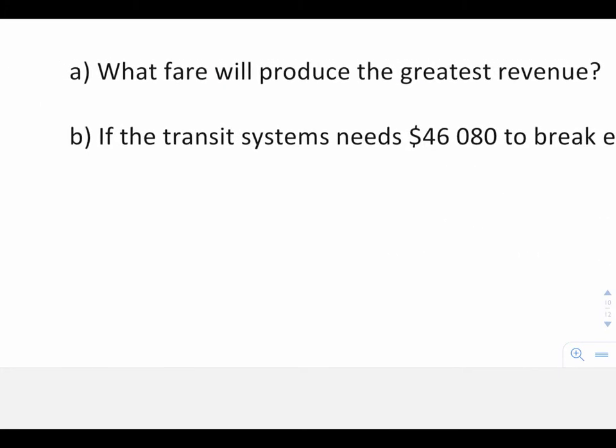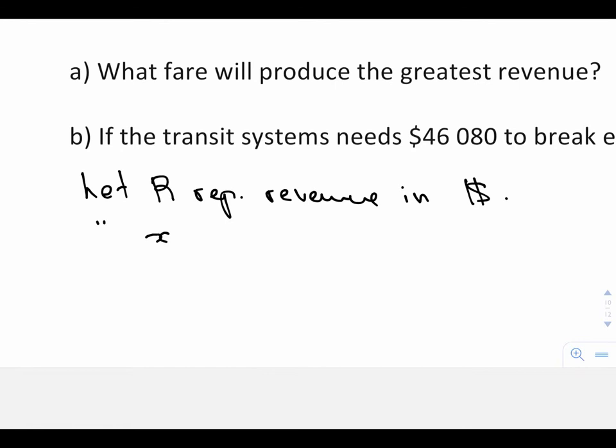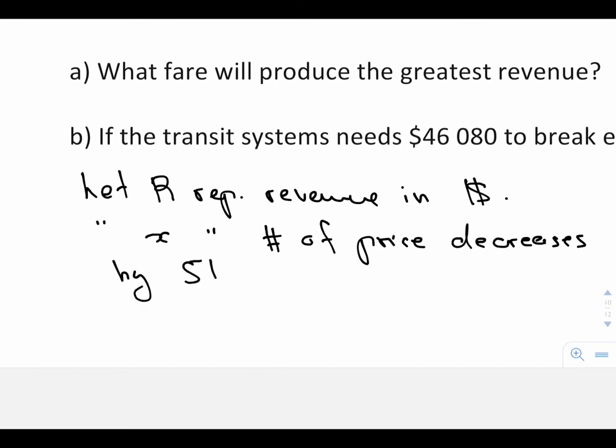Let's define our variables. Let R represent the revenue in dollars, and let x represent the number of price decreases by 5 cents, which is the same as $0.05.